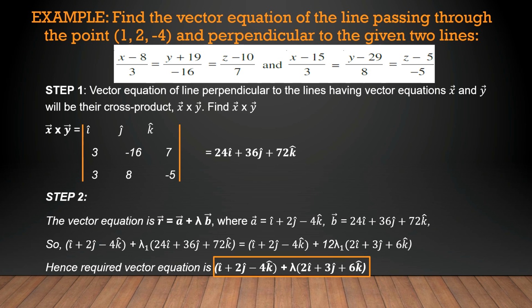Now you just need to put the values of vector a and vector b in the equation r is equal to a plus lambda b, and you will get the required vector equation as i cap plus 2 j cap minus 4 k cap plus lambda into 2 i cap plus 3 j cap plus 6 k cap. So here the important concept is, if you want a line which is perpendicular to both of the given lines, you need to find its cross product first and then use the vector equation.